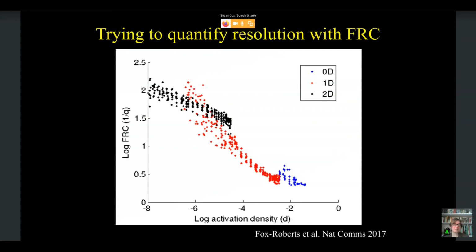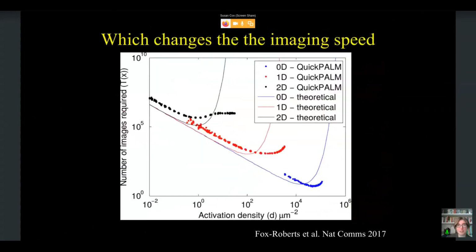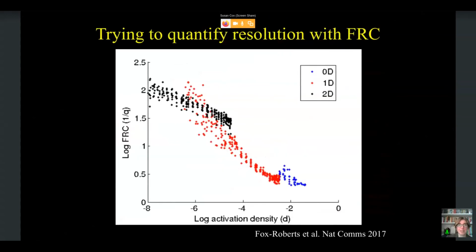And then we thought, well, we've shown this in a real sample. What we should try and do is to quantify these results, which we simulated, using Fourier ring correlation. And this is where it all went quite wrong, because we assumed that we would get a nice graph showing a turn-up, and we actually don't get that at all.